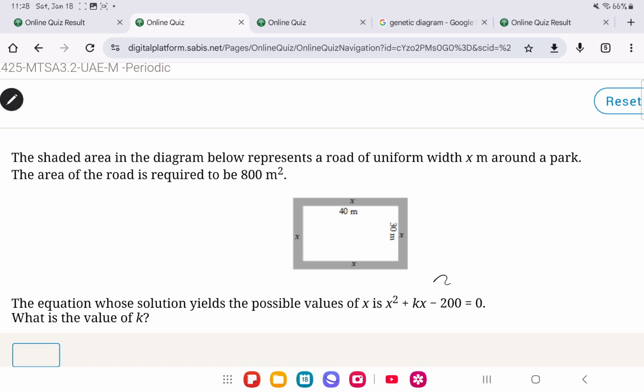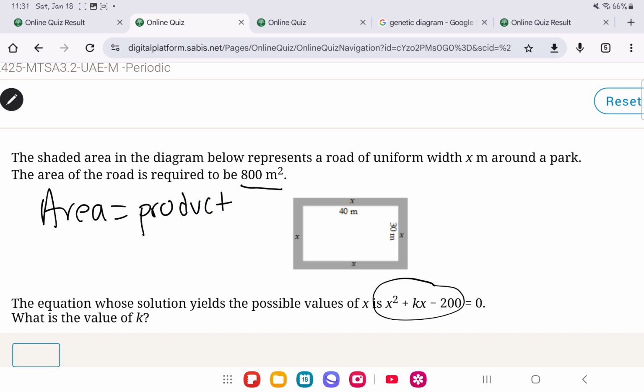So, to find this equation over here, what are we given? We are given the area. So what we know is that the area is equal to the product, and we know that the product is root 1 times root 2.